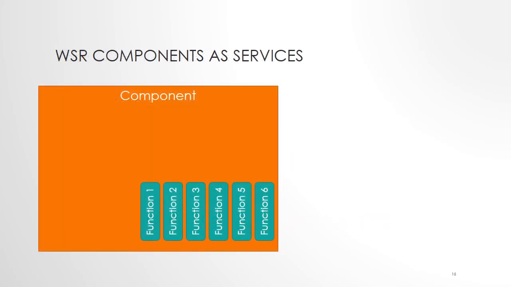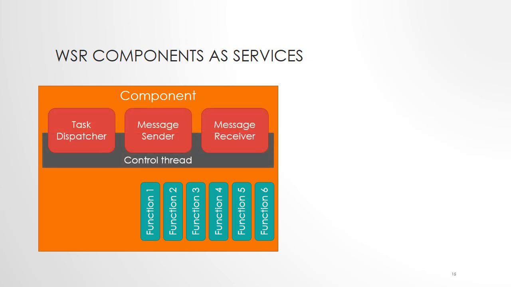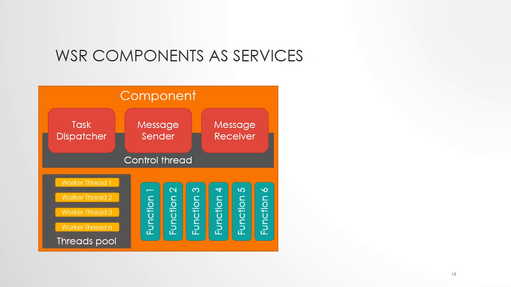Each component contains a set of functions to carry out a specific activity in the workflow of a web sensor retrieval system. To turn a component into an autonomous service, we introduce a task dispatcher, message sender, and receiver running on a main processing thread. The task dispatcher is responsible for assigning worker threads to execute different functions.